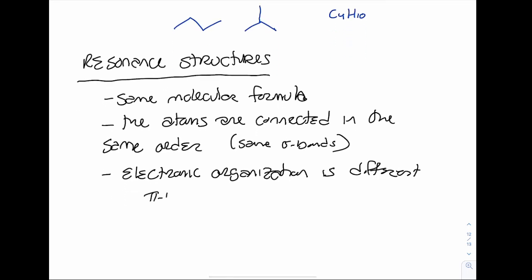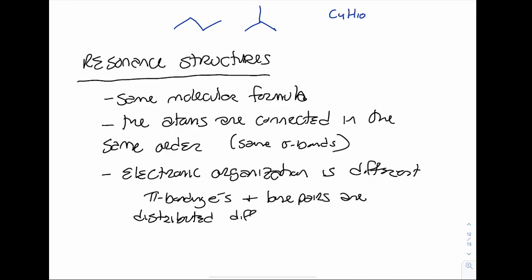We would say our pi bonding electrons and non-bonding or lone pair electrons are distributed differently, right? That's what we mean by that.